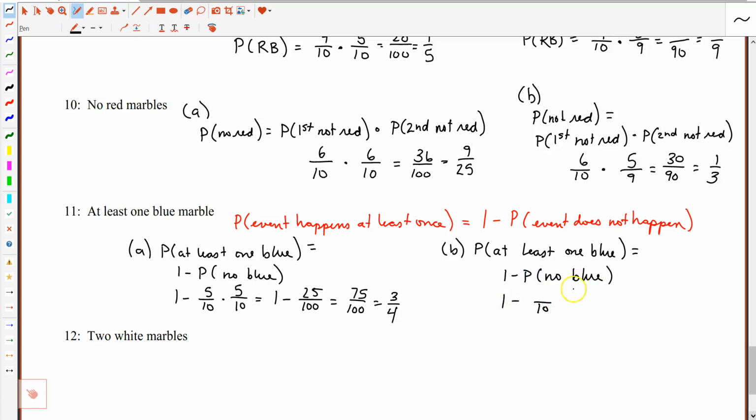You have 5 of them that are not blue. At this point though, because this is without replacement, on the second stage you only have 9 marbles in the bag. And then in terms of marbles that are not blue, you only have 4 of them left at that point. So multiplying those fractions together, you get 20 over 90. Doing the subtraction then, you would get 70 over 90, or 7/9.